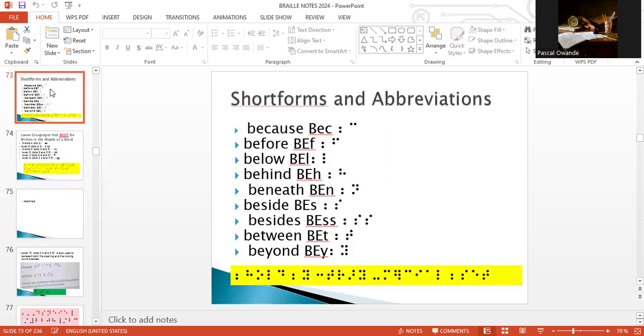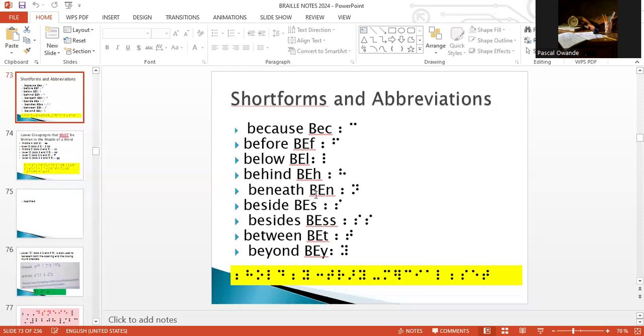We also have short forms and abbreviations that are formed with the BE, and these include the word because. Because is written as lower BC, that is lower B, dot 2, 3, then letter C. Then we have before, lower BF. Then we have below, lower BL, behind, lower BH.